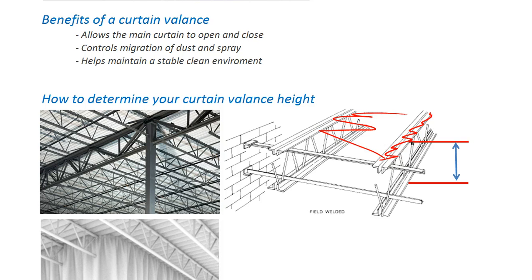You want to have the valance come down to span the distance of the purlin, and then come down. We like to see it 12 inches below the hardware. So you'd have this distance, and then wherever your hardware is located, you come down 12 more inches off of that. So this would essentially be the distance of your valance.